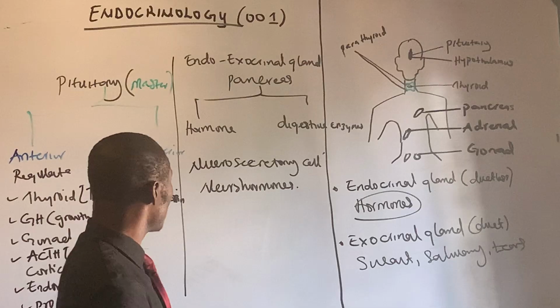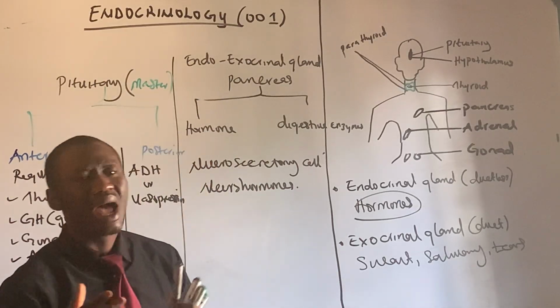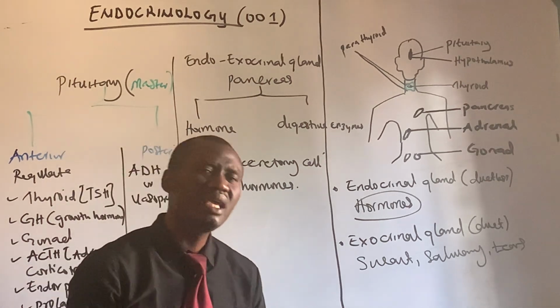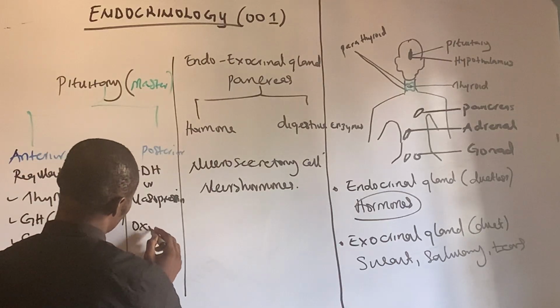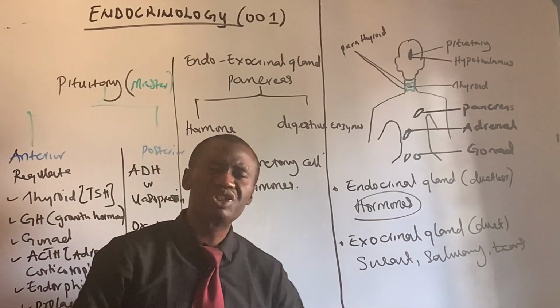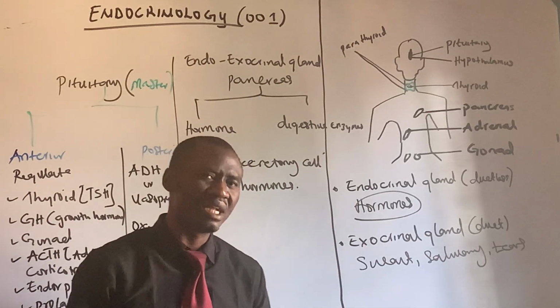This is the hormone that is secreted at the posterior end of the pituitary gland. Another hormone secreted here at the posterior end is oxytocin, which helps in the contraction of the uterus during childbirth.